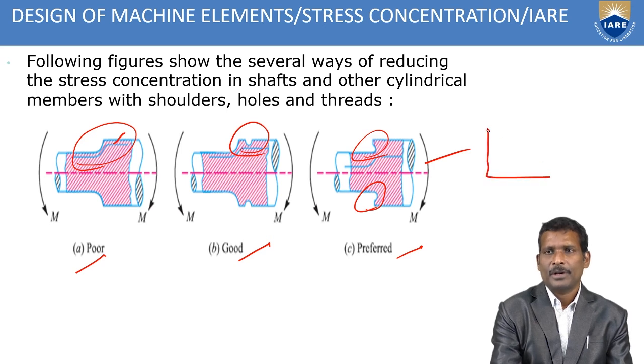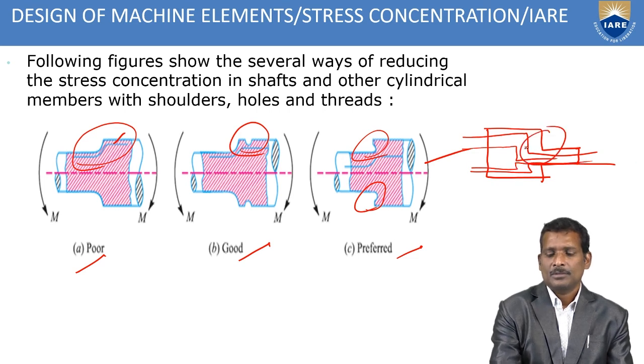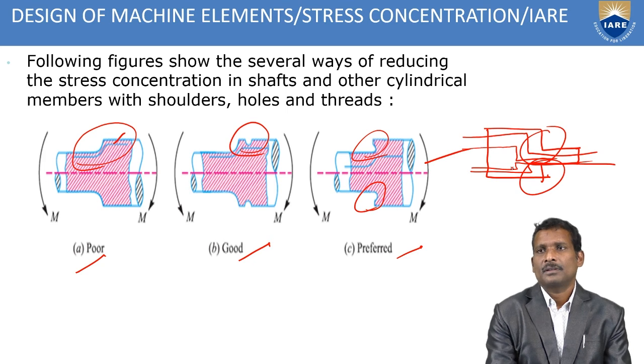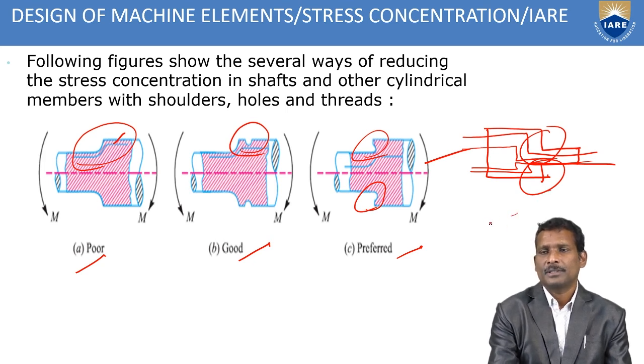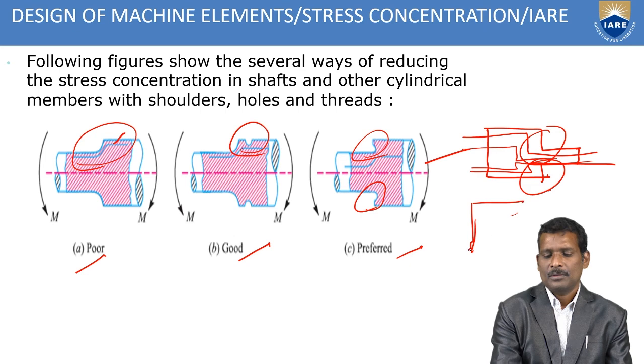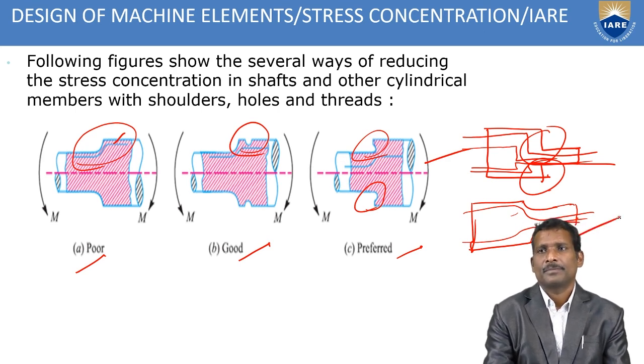Suppose in this component, for example, the stress distribution lines are like this. Clear? So you have to reduce the bend of this line. What will you do? You provide some fillet. Due to this fillet, the stress distribution line will bend like this. So this is preferred.